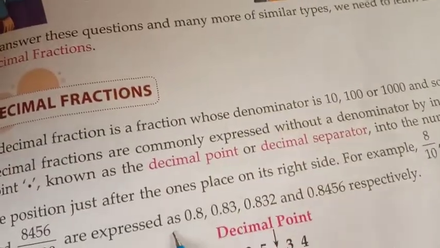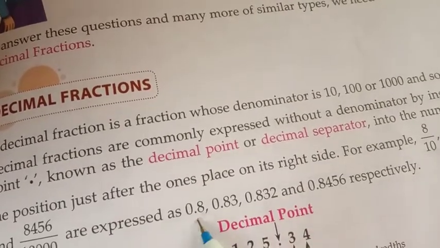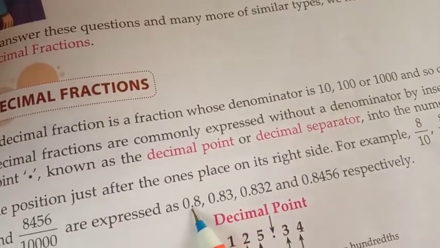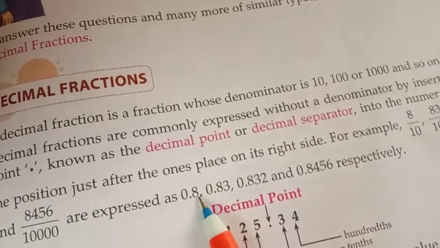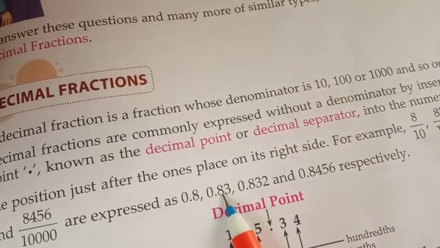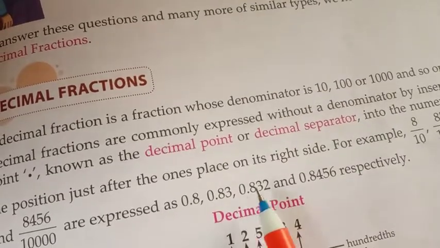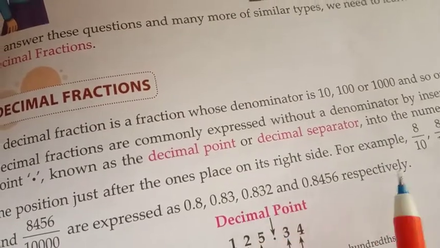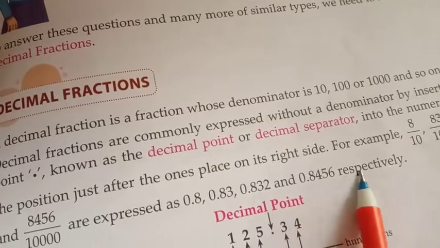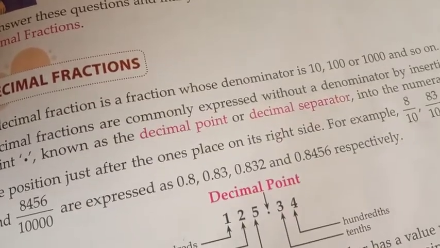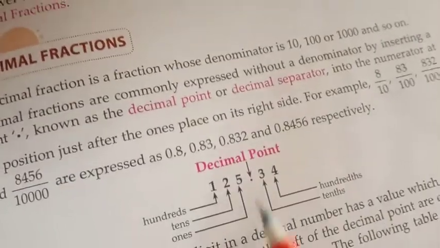So how will this number 0.8 be expressed? This is a decimal point, and this is the 8th. 0.83, 0.832 and 0.8456 respectively. So how do you say these numbers? You see here the decimal point.